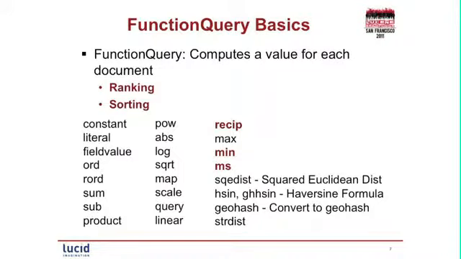As you can see, there are quite a few. Off to the right, you'll notice there are some related to geospatial search, such as the Haversine formula for calculating distance between two points. We're going to make use of the ones in red there: the reciprocal function, the min, and the millisecond function.